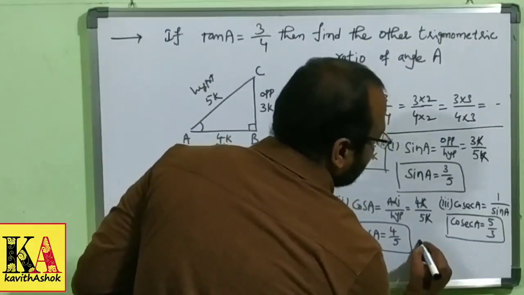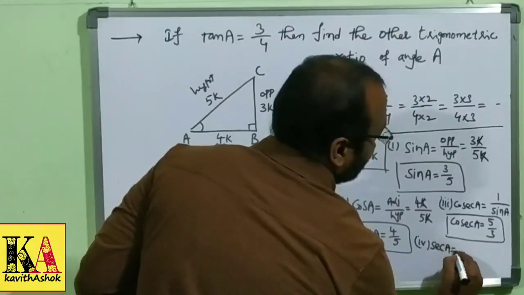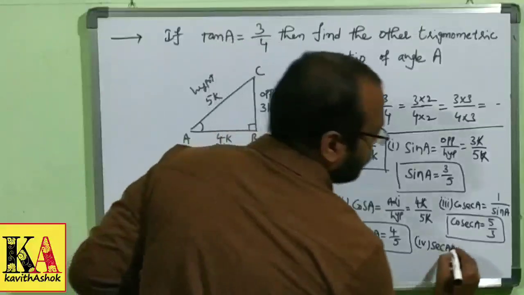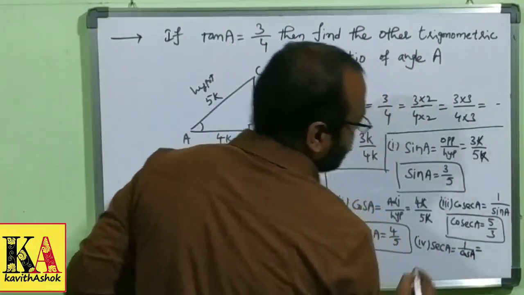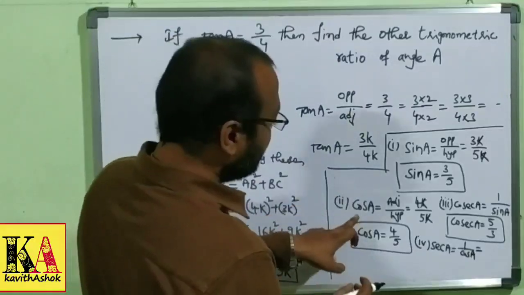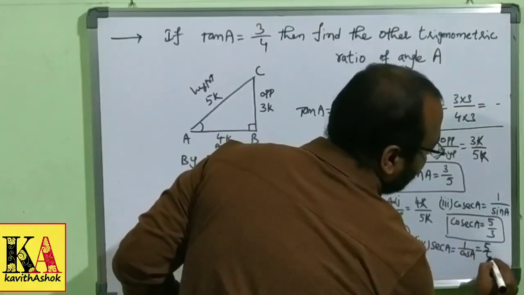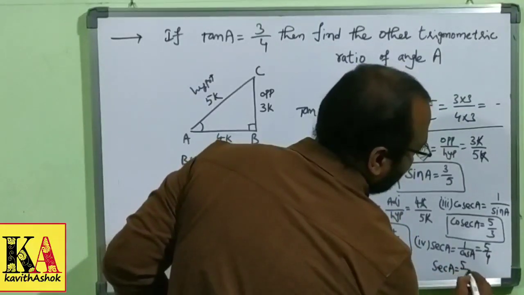Now sec. Sec is a multiplicative inverse of cos, so 1 by cos. Cos value is already there, 4 by 5. Its reverse will become 5 by 4. So sec A is equal to 5 by 4.